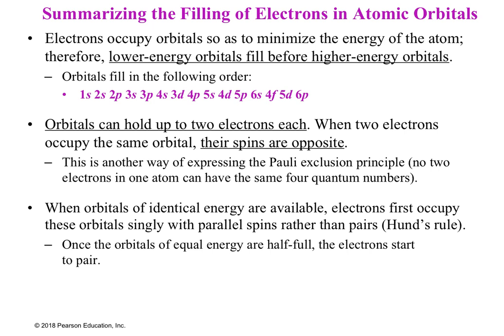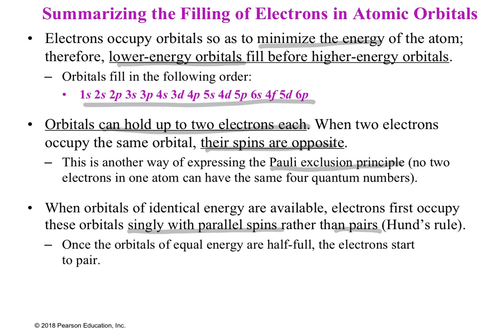All right, so quick summary. When we do electrons in orbitals, they're going to occupy to minimize energy, starting with the lower energy orbitals first before you fill the high ones. Here's the ordering, but we're going to use a periodic table. Every orbital can hold 2 electrons, and when they are in the same orbital, they're going to have opposite spins, so they don't have the same set of quantum numbers. And ideally, if we have degenerate orbitals, they first singly fill in and then pair up.